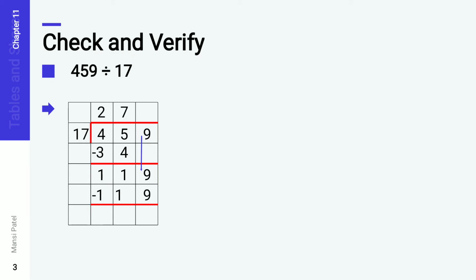And 119 minus 119: 9 minus 9 is 0, 1 minus 1 is 0, and again 1 minus 1 is 0. Now you see here your remainder is 0. So it is not necessary that this sum is correct. Let us verify.